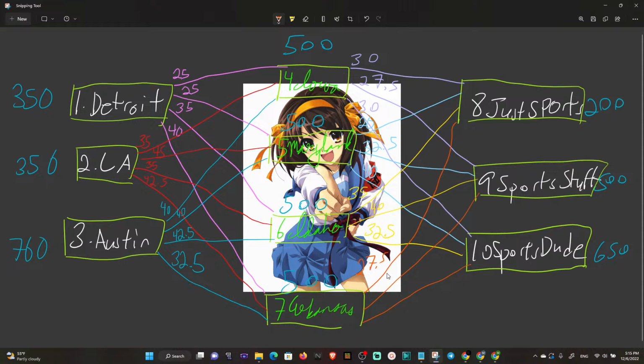It did it again. Why does it do Smurfville? 42.5. And that is how you draw your network representation of the problem.